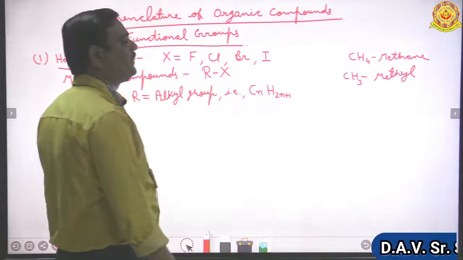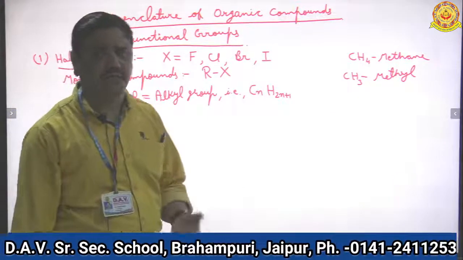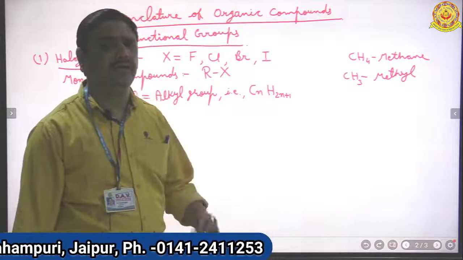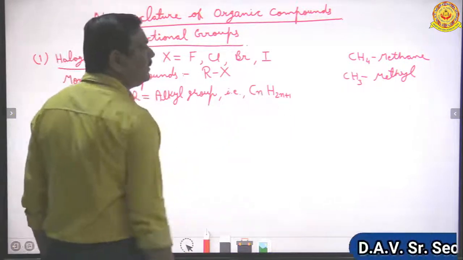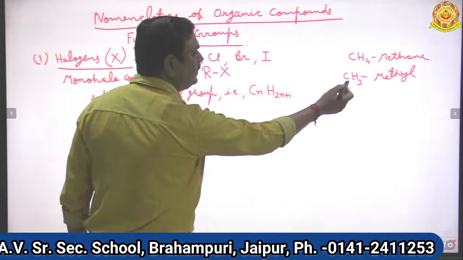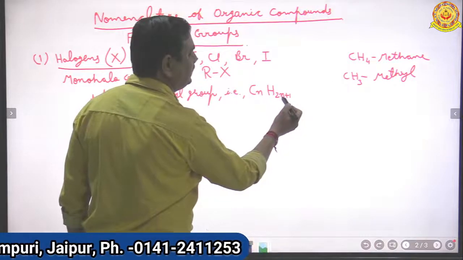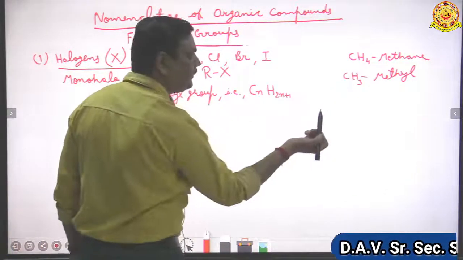In the same way, when one hydrogen is removed from an alkane, it will be called alkyl: methyl, ethyl, propyl, etc. As you can see, there is one carbon, 2 into 1 is 2, plus 1 is 3, CH3.